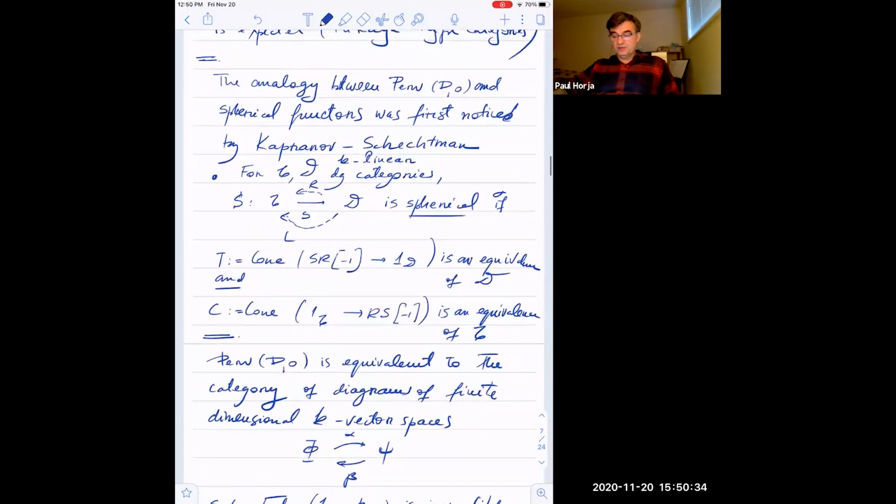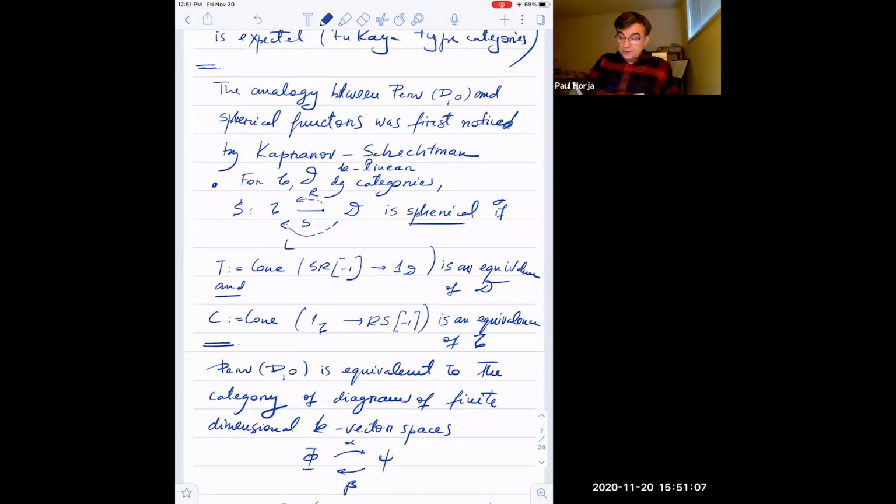The definition of the spherical functor is that if you have two k-linear DG categories, C and D, S is spherical if these two conditions hold, where L and R are the usual adjoints. I think one of these is wrong. So I think SL here, I believe, that these are equivalences.